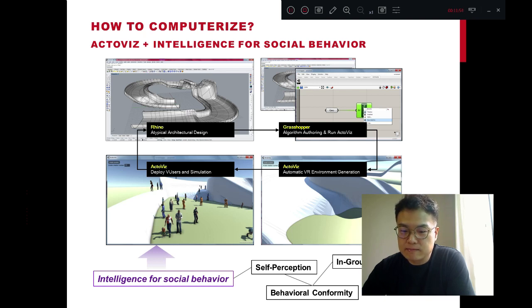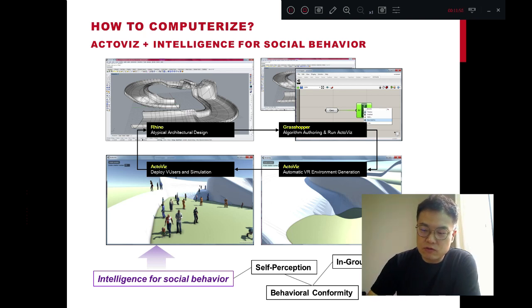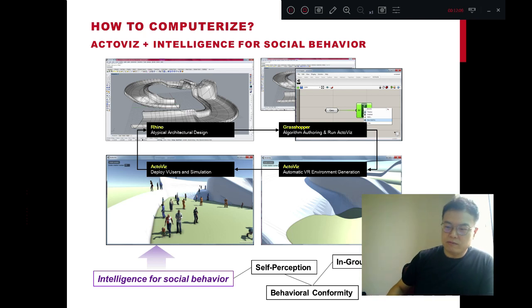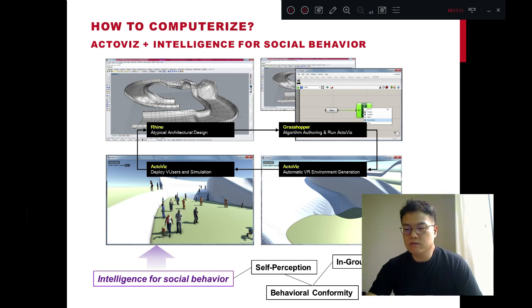Okay. So the result of the ActiveBeach in the third year is that the agent has social behavior. This means it reacts not only to the physical environment but also to other agents.